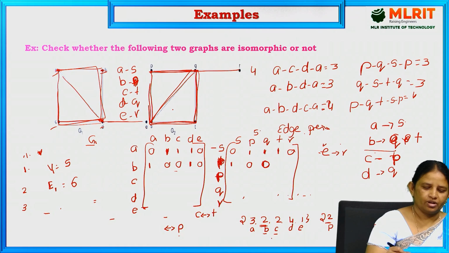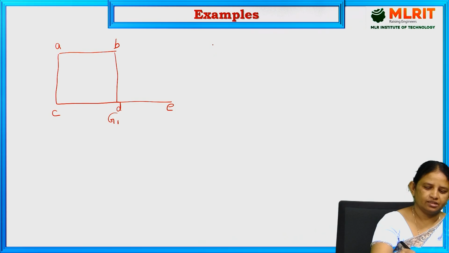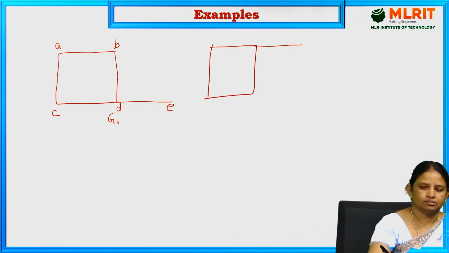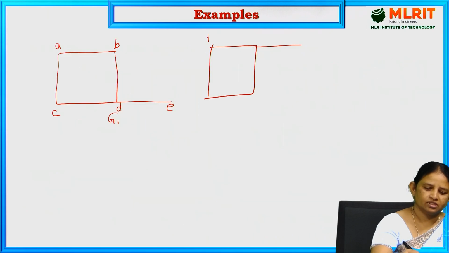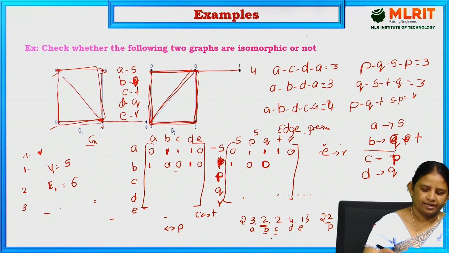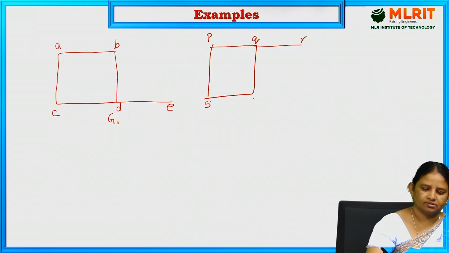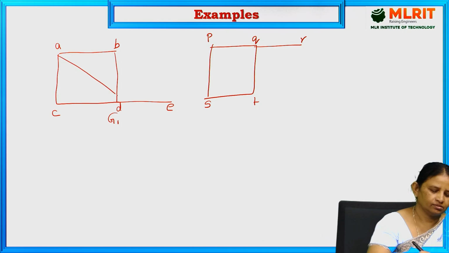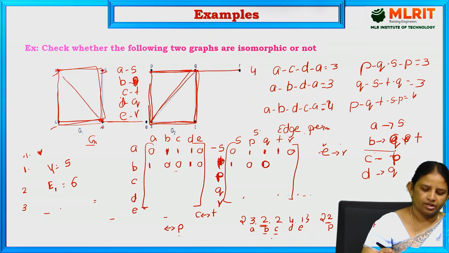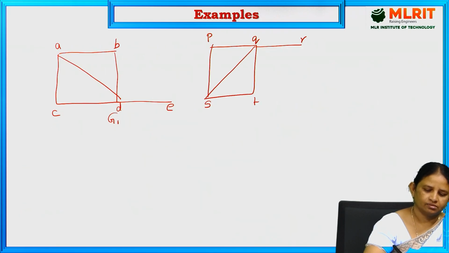Next, previous graph PQRST. This is PQR. Then ST. Then here A to D connection is there. Then here Q to S is there. This is G1. This is G2.